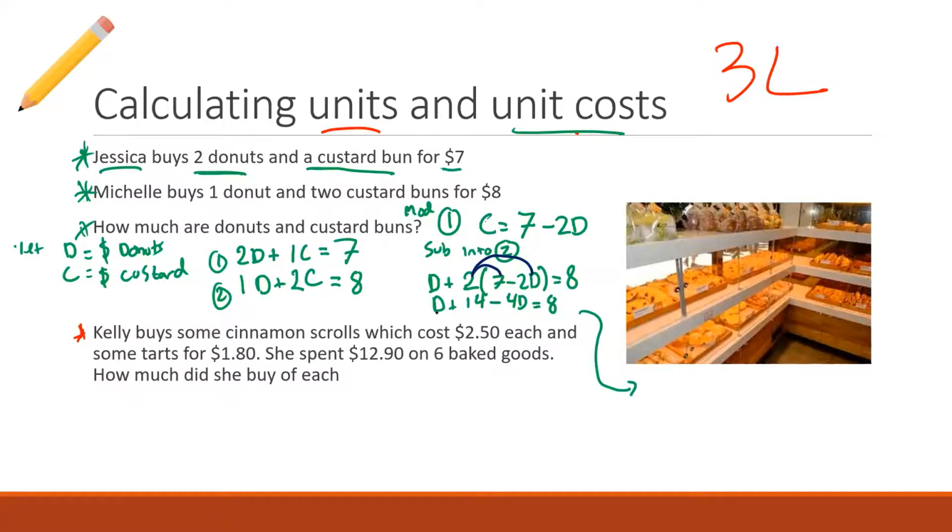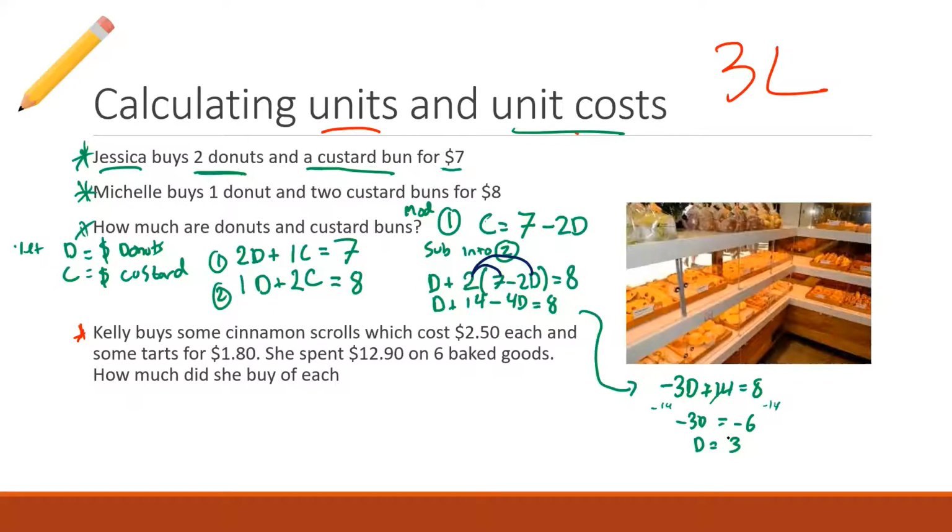The next step, d minus 4d is going to be negative 3d plus 14 equals 8. We're going to minus 14 from both sides. Negative 3d equals 8 take away 14. It's going to be negative 6, which means d equals 3.